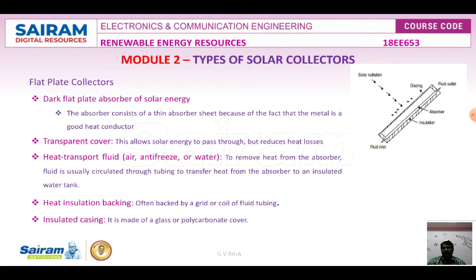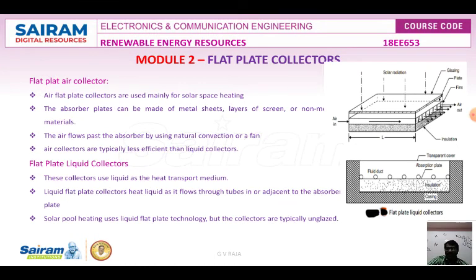For solar water heating systems in home applications and solar space heating applications, flat plate collectors are normally used. There are various types of flat plate collectors: the flat plate air collector and the flat plate liquid collector. First, the flat plate air collector, this is the diagram.